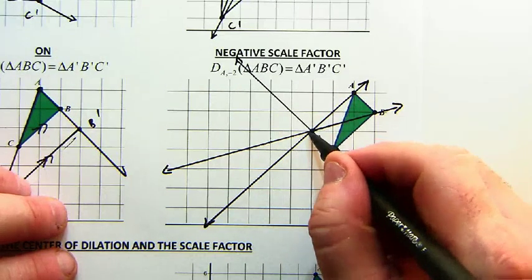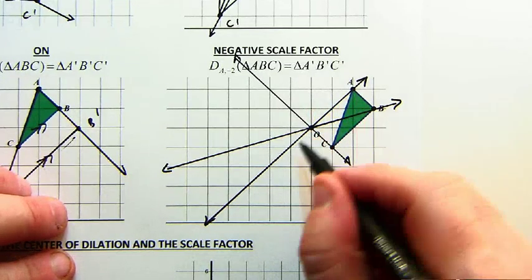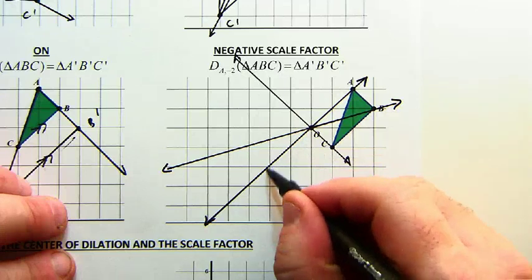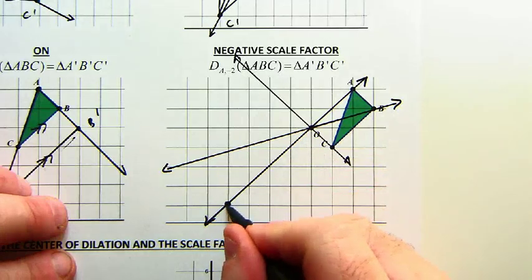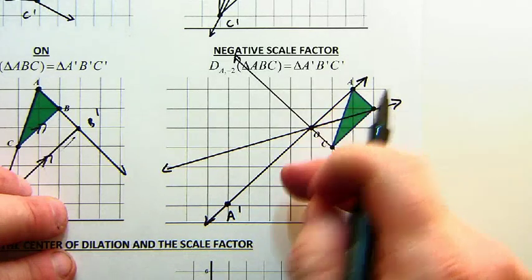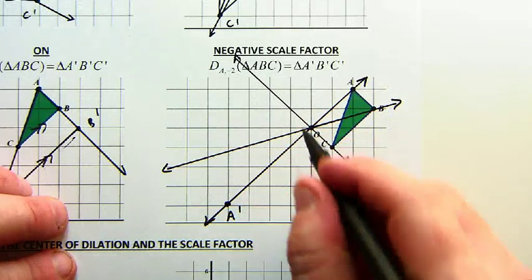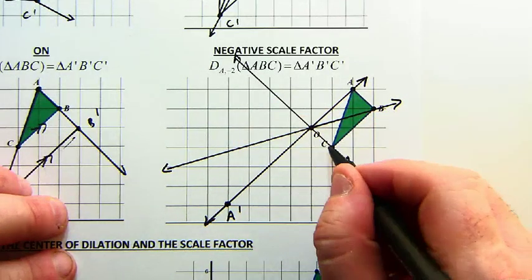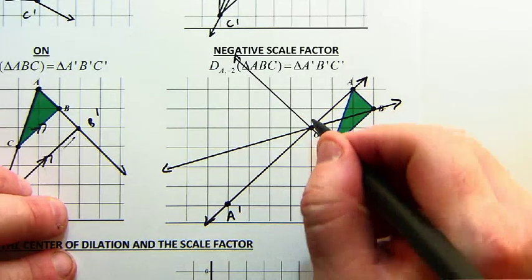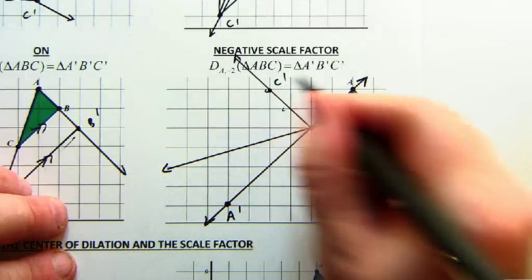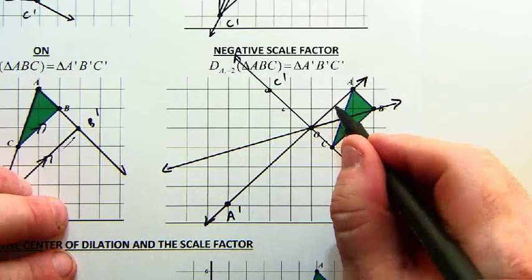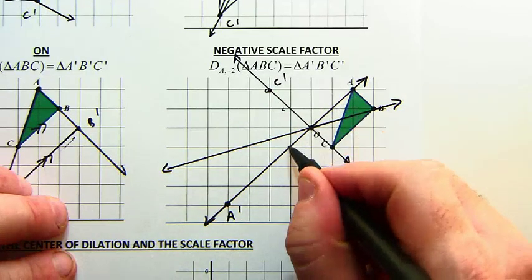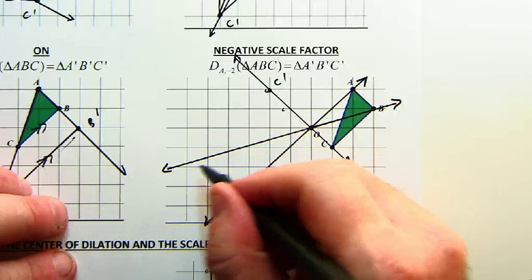So to get to A is up 2 over 2. So I'm going to do that twice. 2, 2, 2, 2. Here is A prime. Because not only is it negative, meaning going this direction, I'm going to double that. So C is over 1 down 1, so I'm going to reverse that to get C prime. B is up 1, 1, 2, 3, so I'm going to go down 1, 1, 2, 3, down 1, 1, 2, 3.